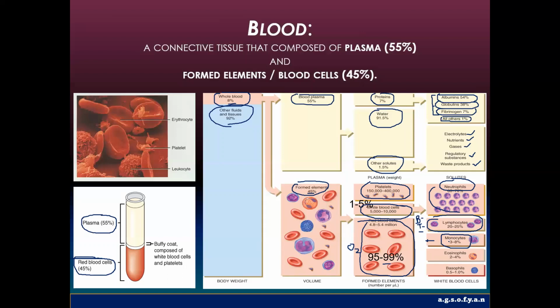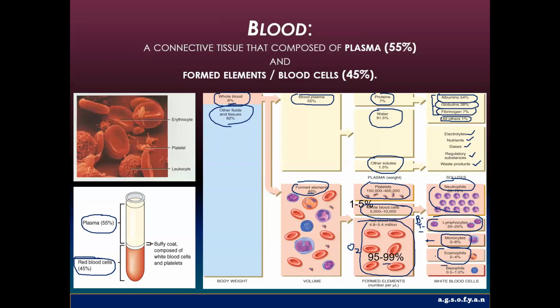So monocytes help us clean the blood and protect against bacterial infection. The next one is the eosinophil, only about 2 to 4% in the blood. It is important to fight against parasites, like worm parasites or maybe malaria. So this is the job of eosinophils.